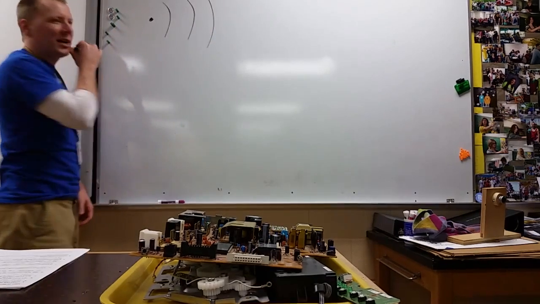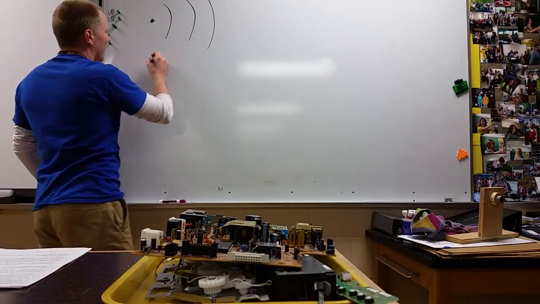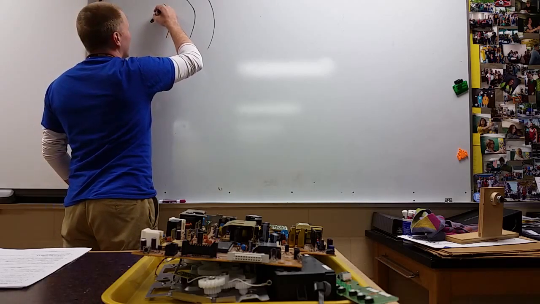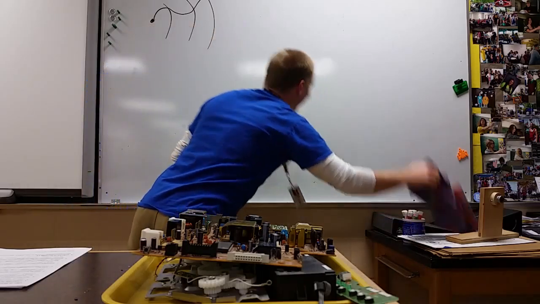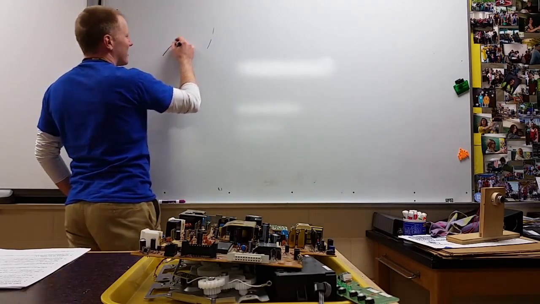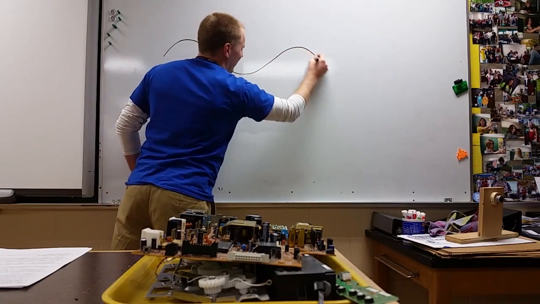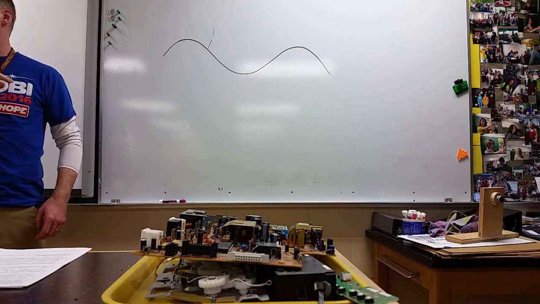So let's say that you take two individual photons that are traveling here. Let's consider two photons going like this. Phase refers to what part of the wave are you looking at?